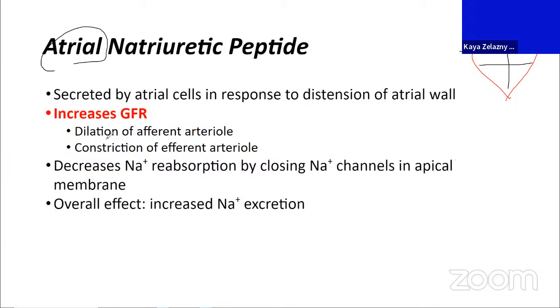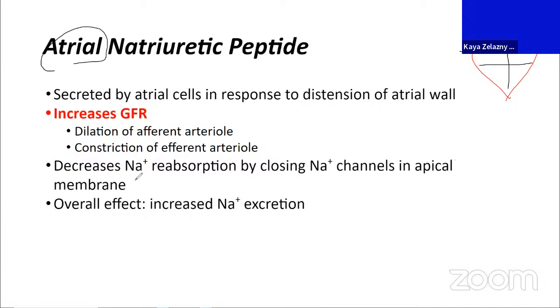So what we're going to do when we have this ANP around is try to decrease our sodium reabsorption. Increasing sodium reabsorption with our aldosterone ultimately resulted in releasing ADH and increasing water reabsorption. So what we want to do now is the opposite.